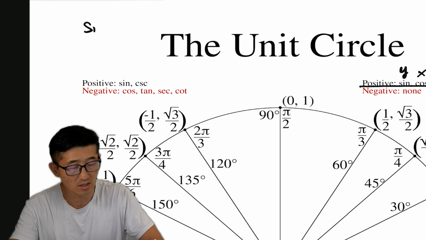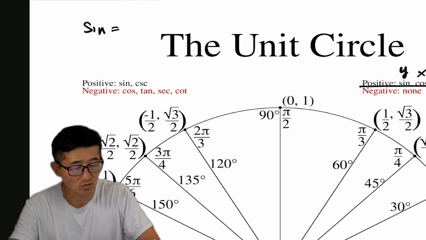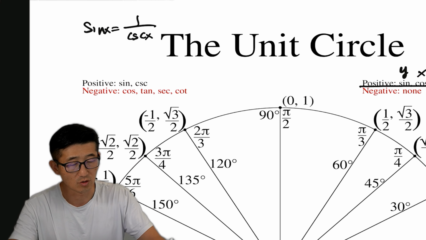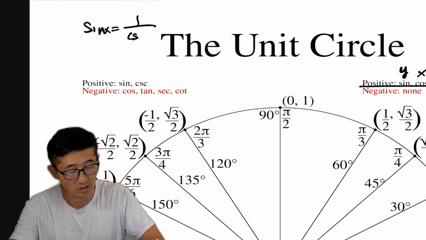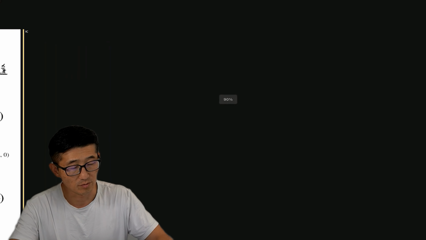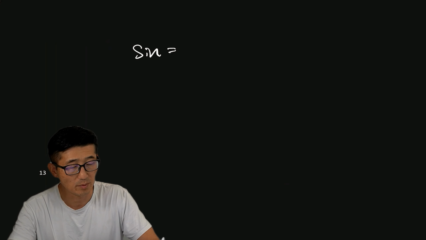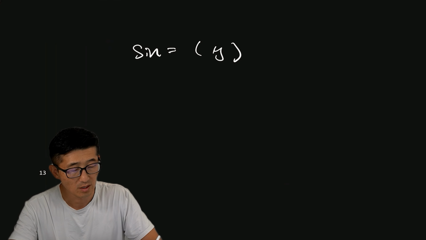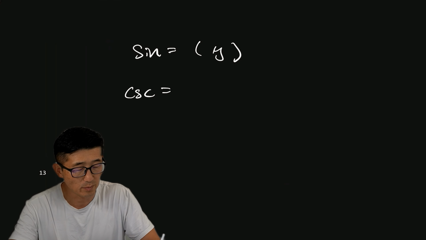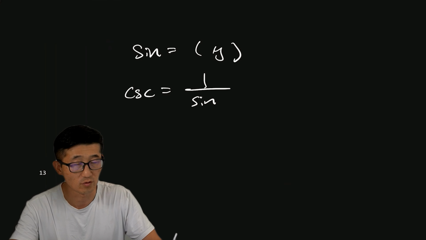Okay. So basically just understand this. Don't worry about the letters for right now. You know what? Let me slow down. When you have sine, that's basically your y coordinate, right? When you have cosecant, it's basically the reciprocal, 1 over sine.